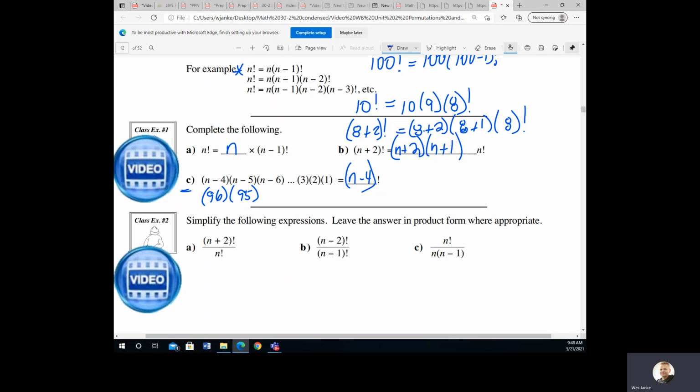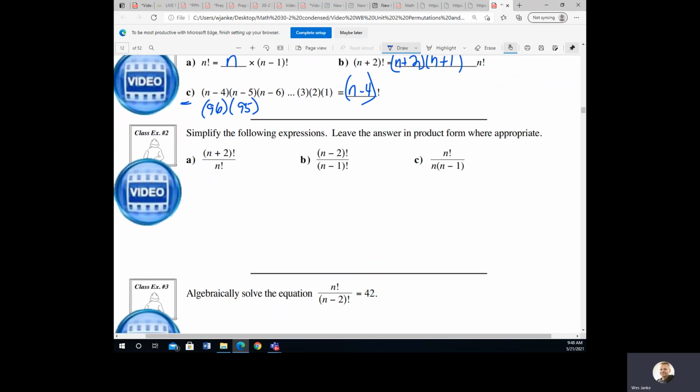All right, let's go on to example 2. So when I'm trying to simplify an expression, usually I want to either expand out the top or expand out the bottom. Now try to pick the one that's bigger. So n plus 2 is bigger than n. So I'm going to start by going n plus 2 times n plus 1 times n factorial.